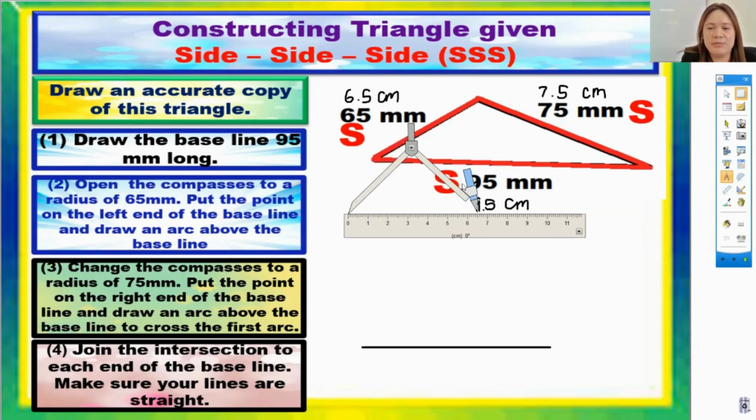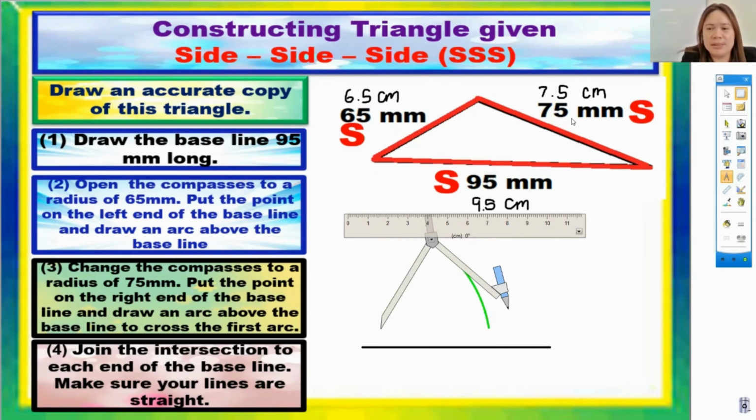Okay, let's just adjust it. So that is 6.5. So I put it at one end of my baseline, and let's draw an arc. All right, so we're going to draw an arc above the baseline. So this is just one arc, and let's proceed.